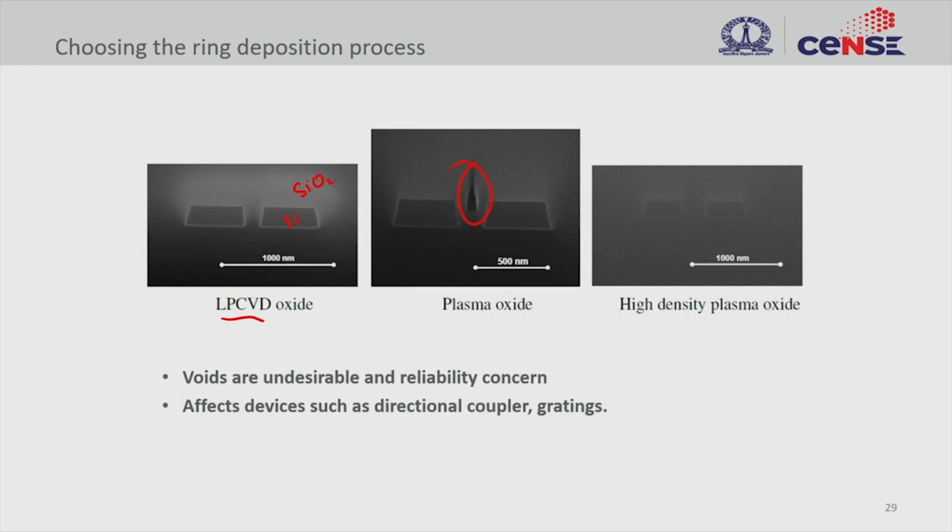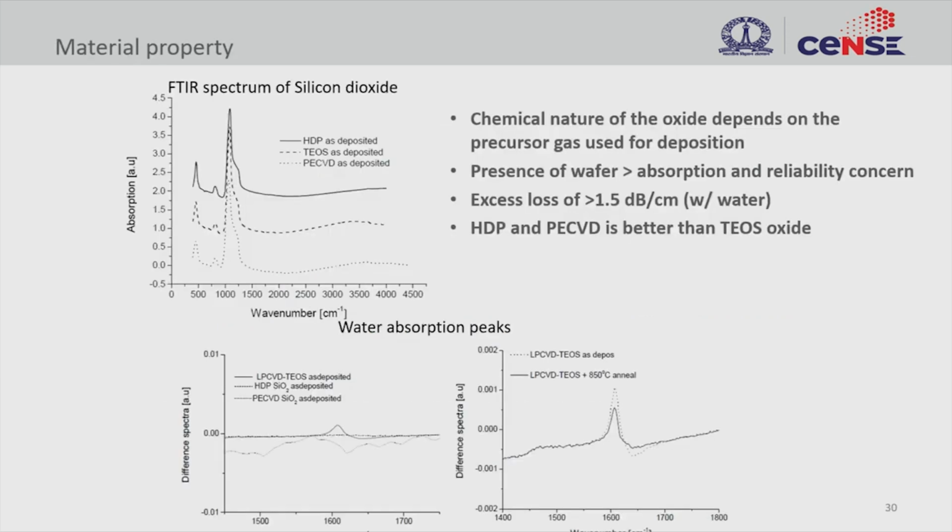However, a high density plasma oxide process will not create this, right? So the choice of deposition process is also very important. It's not just choosing any kind of material, but also what kind of process one needs to choose in order to realize a certain kind of device geometry that you have.